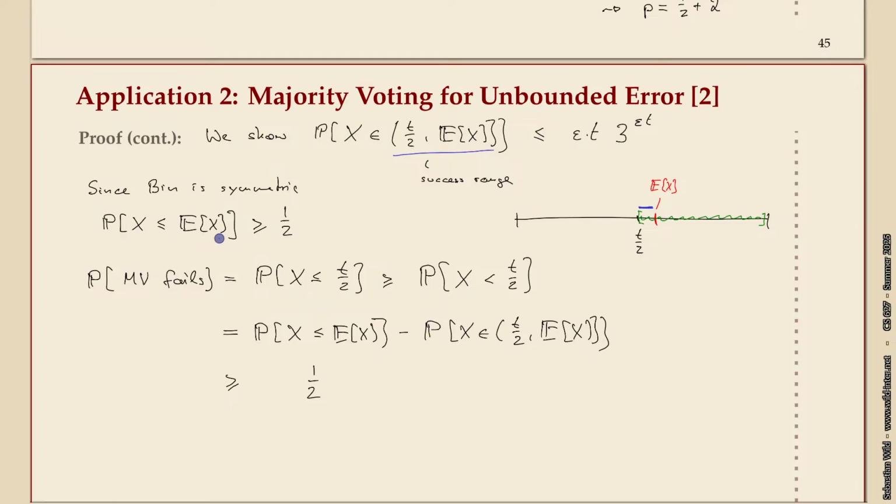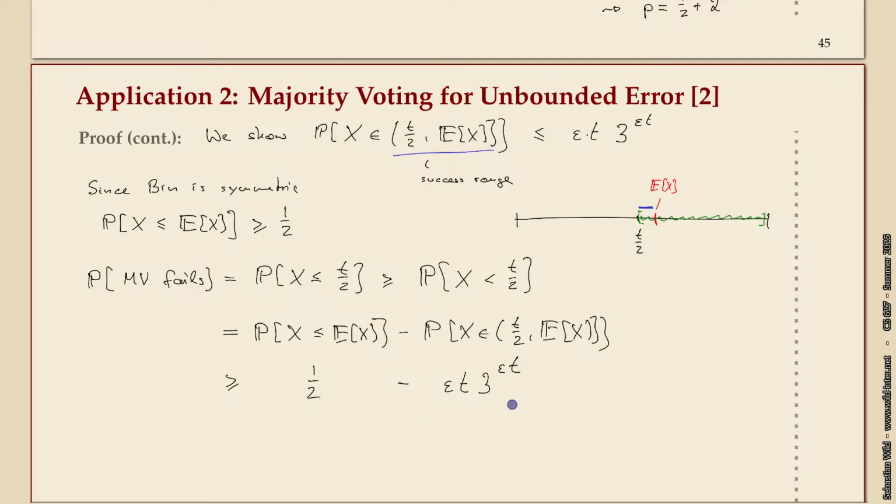So it's 1/2 plus the probability to hit exactly E of x. But what we need is an upper bound here, so that's right. And what we subtract is an upper bound on this thing, so what we subtract then turns into a lower bound. So we have this epsilon t, 3 to the epsilon t.